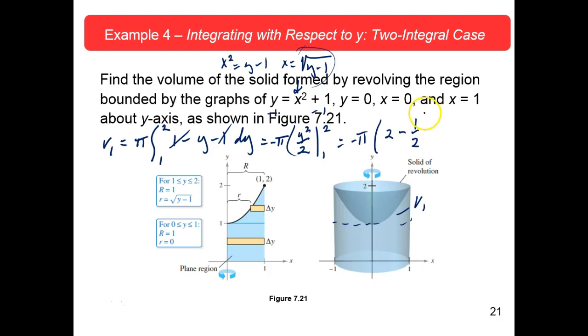Is that what you said? Yep. Okay. Which will be, this is coming out really strangely. This is not making any sense. You're coming up with a negative volume, which is not allowed, okay?